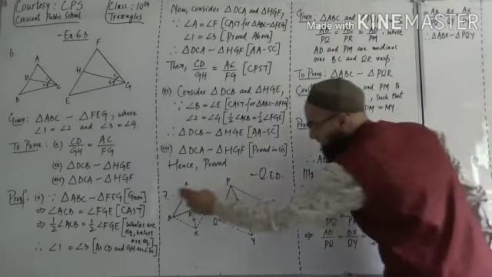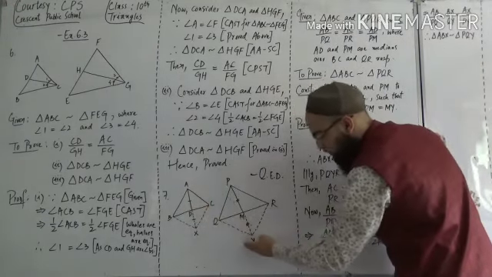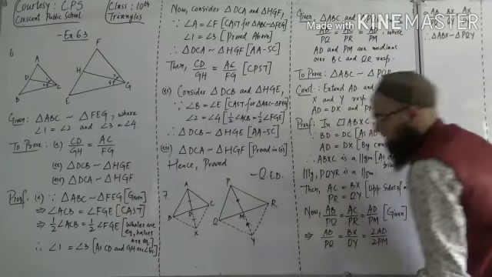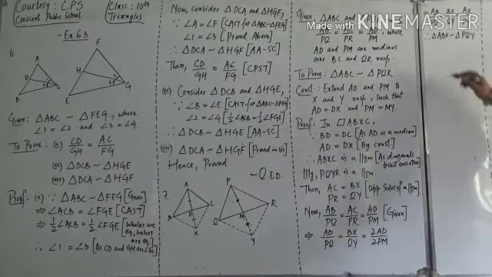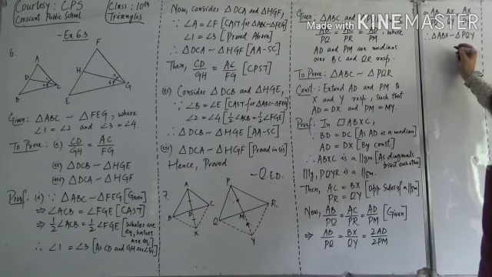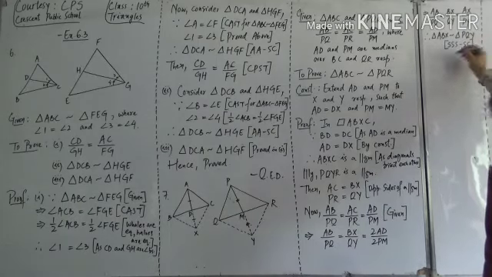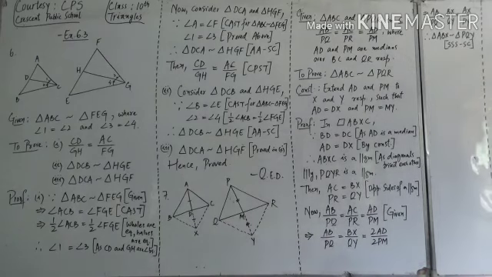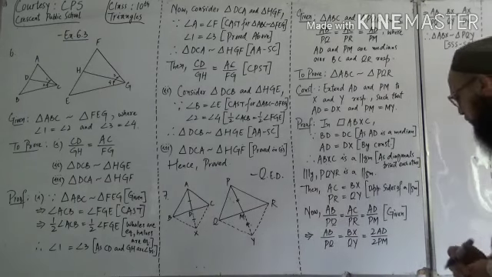You can see AB by PQ, BX by QY, and AX by PY. How did you get that? By SSS similarity criterion. All three sides are in proportion.